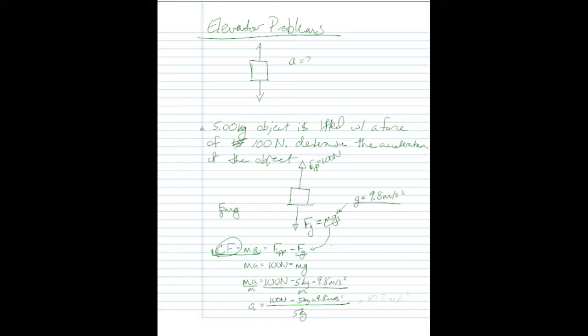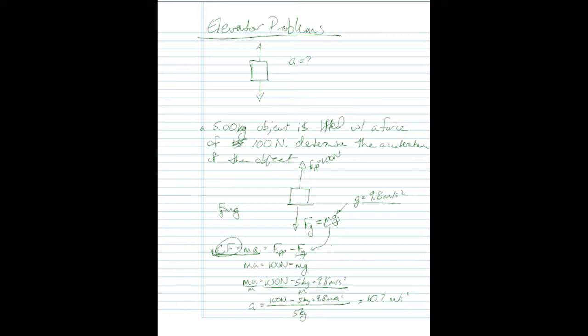When I plug that in my calculator, 100 minus 5 times 9.8 divided by 5, I get 10.2 meters per second squared. So the object is accelerating at 10.2 meters per second squared.